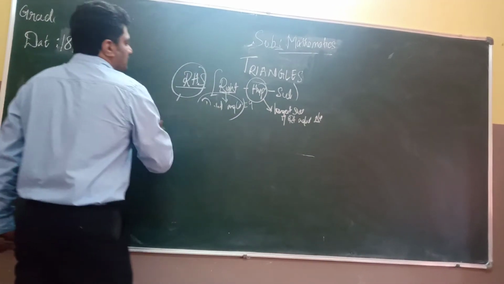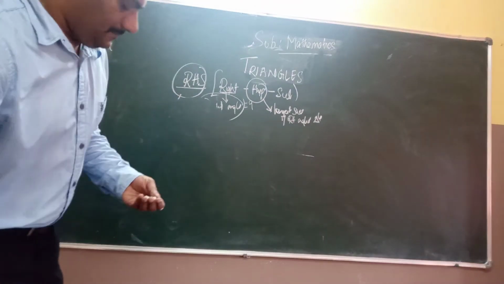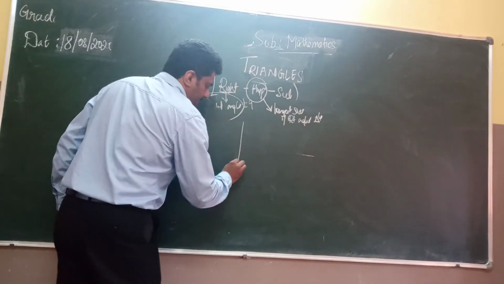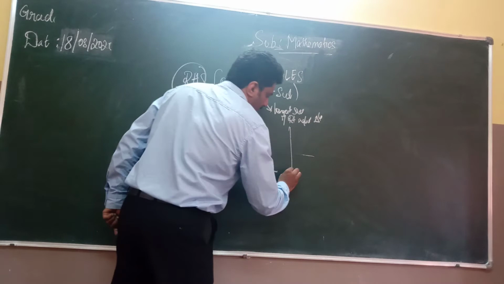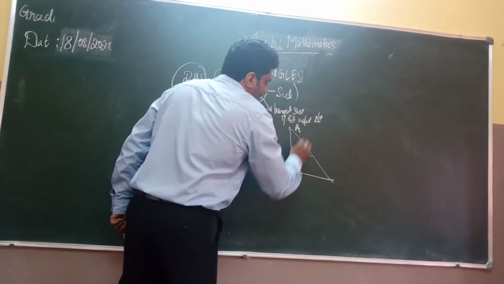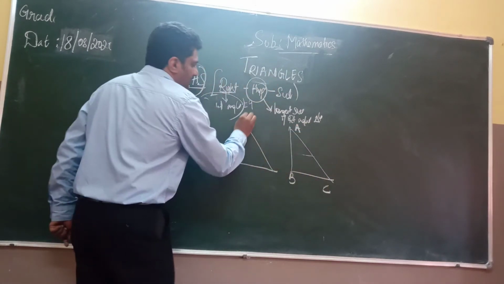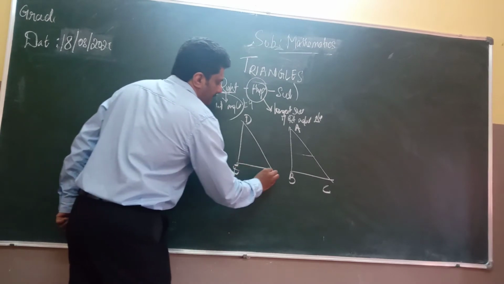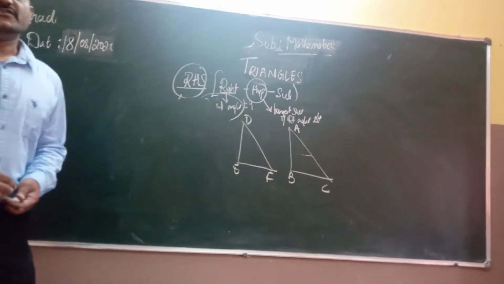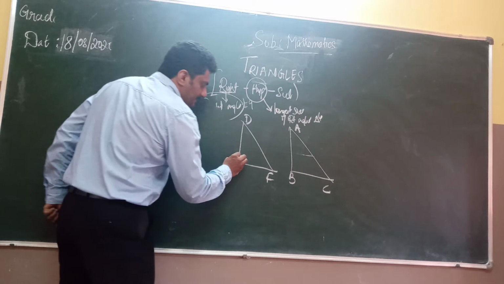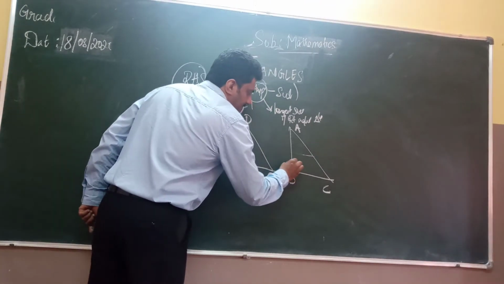Now how does this go? I have two triangles. Again it is A, B, C, D, E, F. The first thing you have to check here is, check if it's a 90 degree.